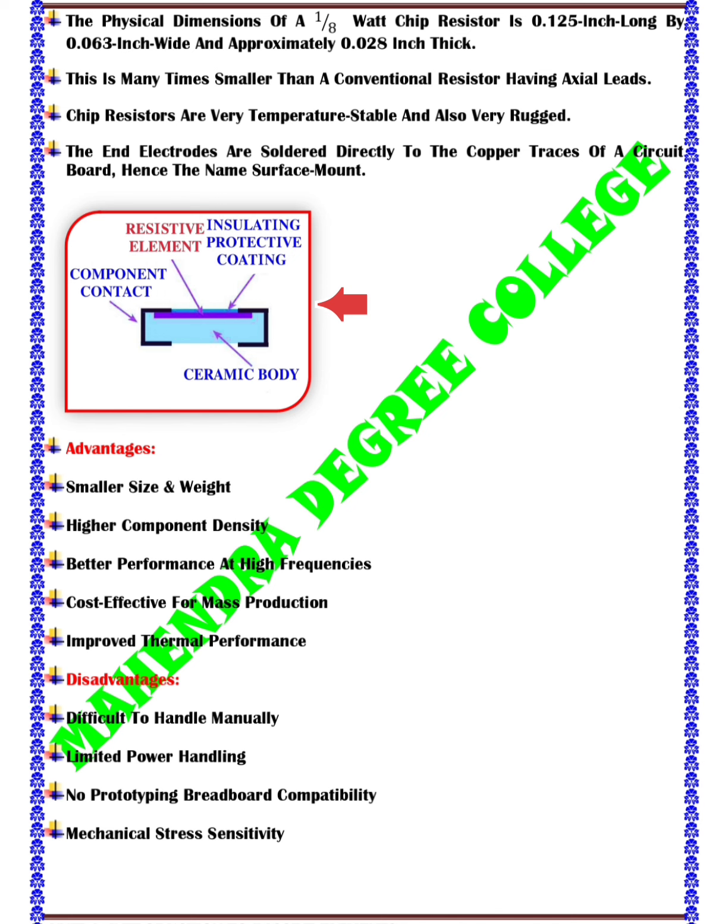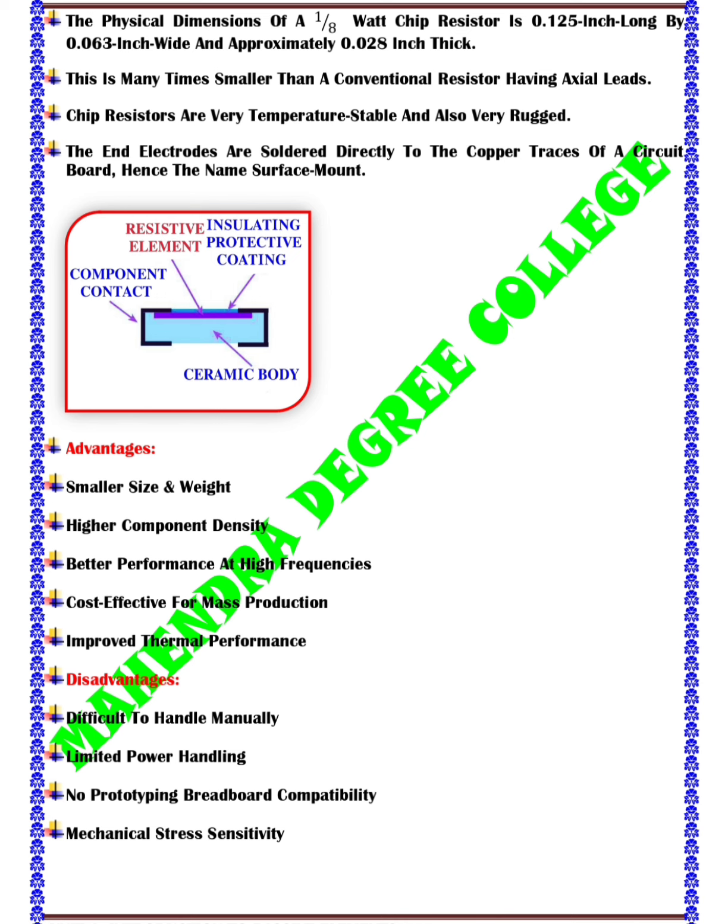It determines the resistance value. Third one, component contacts. These are metallized areas at each end for soldering to the PCB. Fourth one, insulating protective coating. It protects the element.